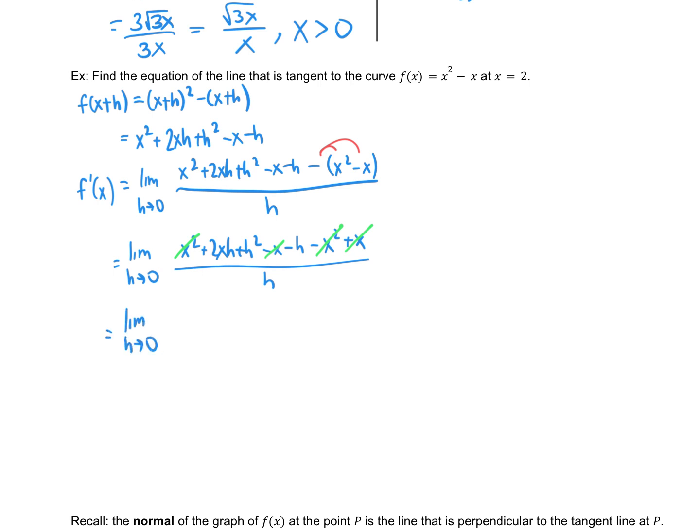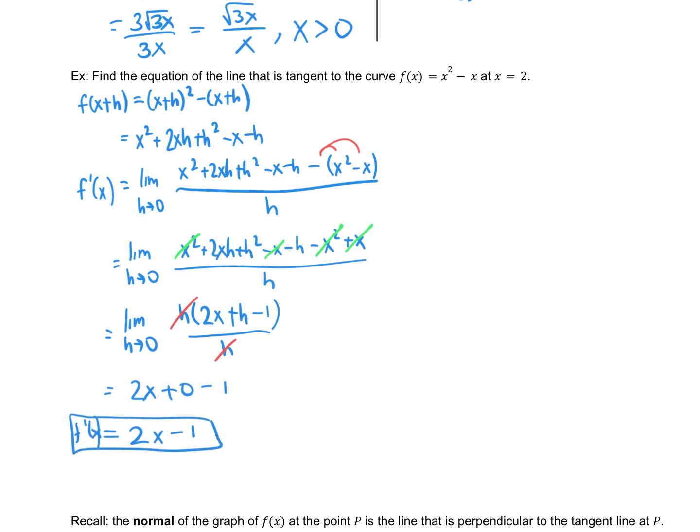So I'm going to factor that out, and I have 2x plus h minus 1. And this allows us to cancel out the h's. And now, if I replace h with 0, I have 2x plus 0 minus 1, which is 2x minus 1. Here is the derivative of that quadratic.